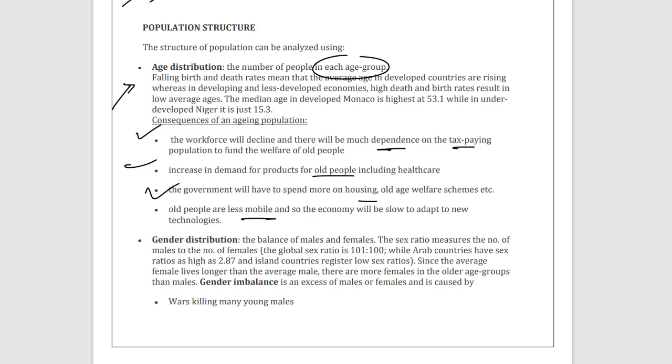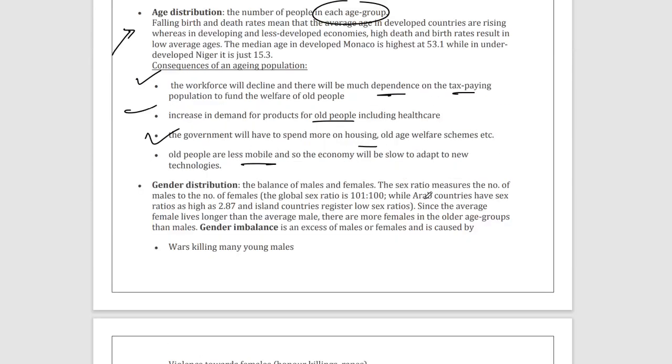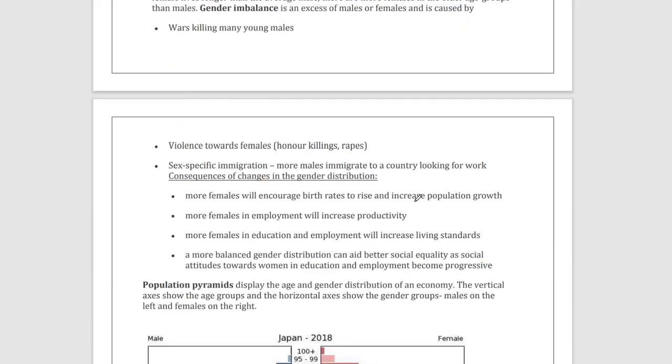But there are also advantages, because aging populations are more skilled. They know what they're doing, because they've been in the job for quite long. But their disadvantage can be that they cannot be that productive, hence output levels may fall.